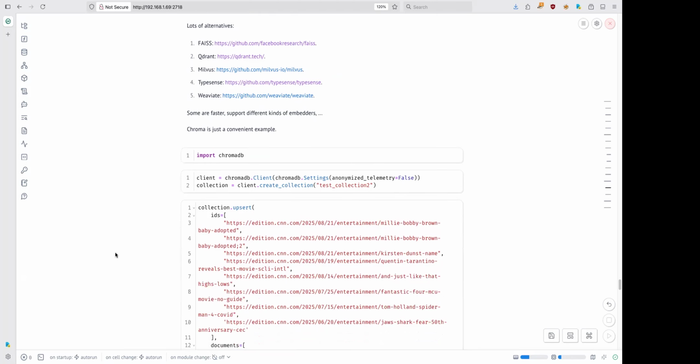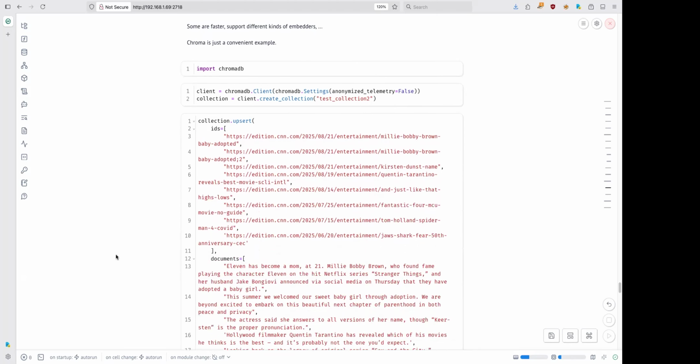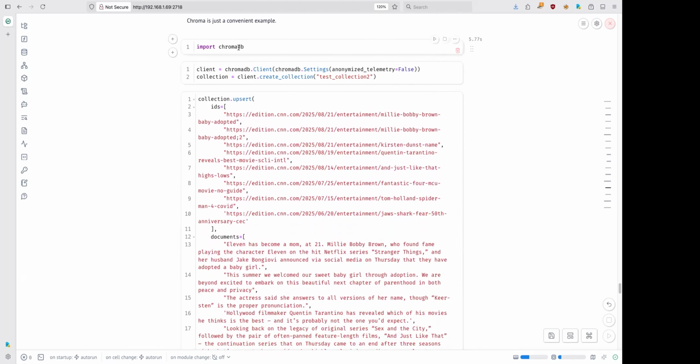Let's see a quick example of this in practice. We import Chroma, which is one particular vector database. There are others listed above. We create a client that does not send telemetry to Chroma developers. We create a collection. In Chroma, a collection is basically a table of data.